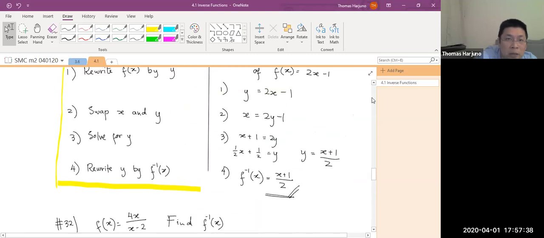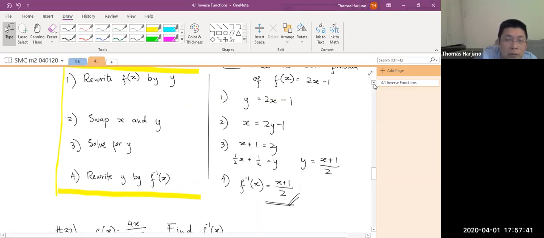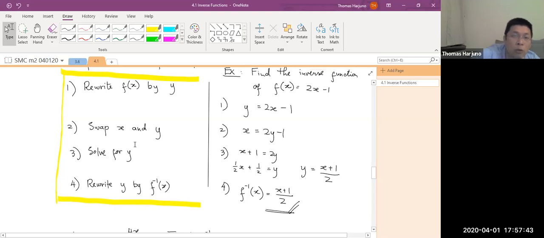So when we swap x and y, that's where the inversing actually happens. Now when x becomes y, what that means is that our domain becomes range, range becomes domain, x-intercept becomes y-intercept, y-intercept becomes x-intercept.